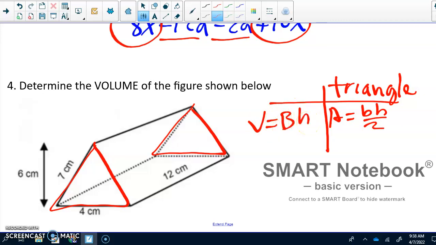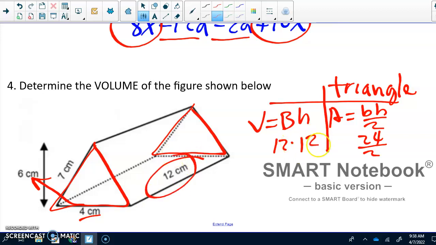So if the base is 4 and the height is 6, I should get 24 divided by 2, or an area of the base of 12. Now the height of the figure is going to be 12 also, so I should get a total volume of 144 cubic centimeters.